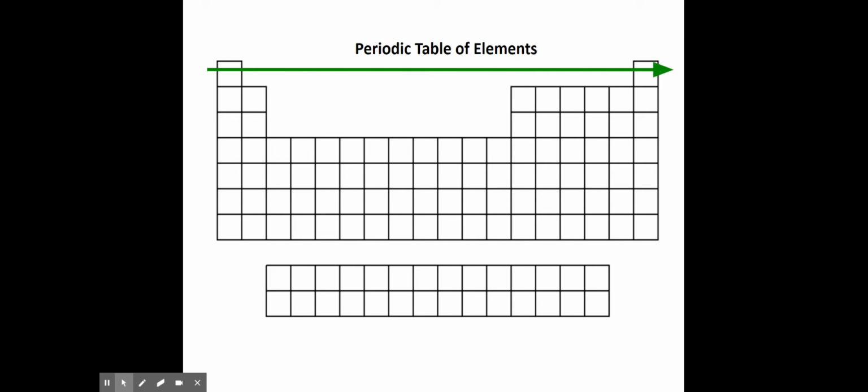All atoms start off this way. If there are more protons, then there are more electrons to go with it. And so we begin on the second row, first completely filling the 2s subshell. After it is filled, we then fill the 2p subshell.